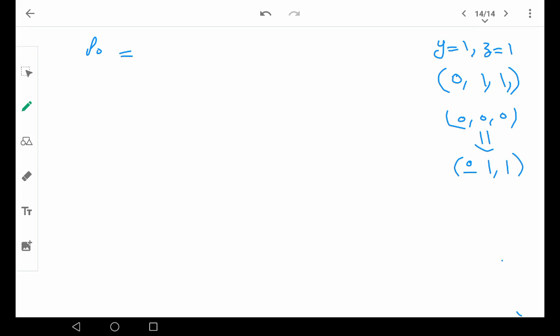So rho 0 you can write as vector rho 0 equal to (0, 0, 0) minus (0, 1, 1).